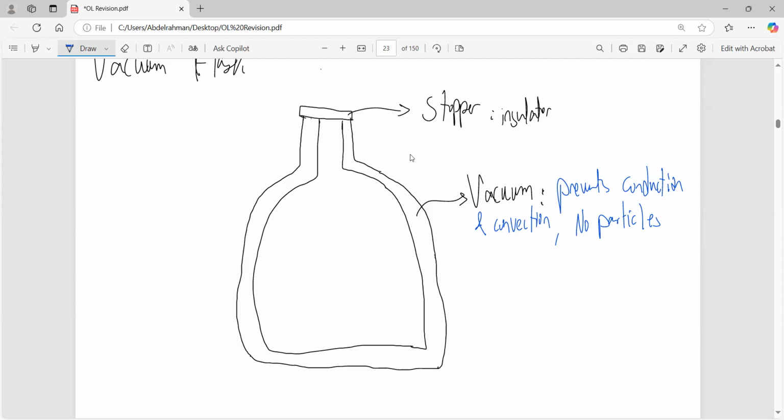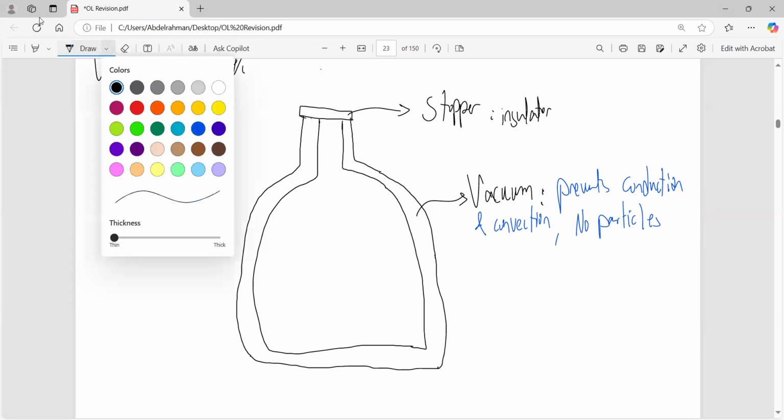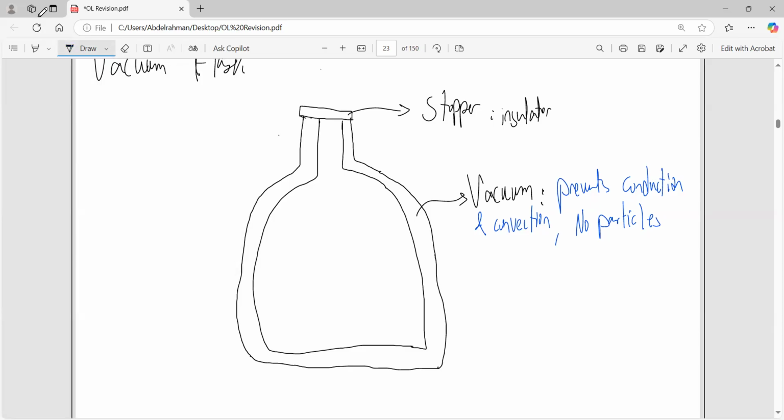Again, what else? I need the inner and outer surfaces to be made of non-metals. Again, this is the optimum, the best thing that you can do.